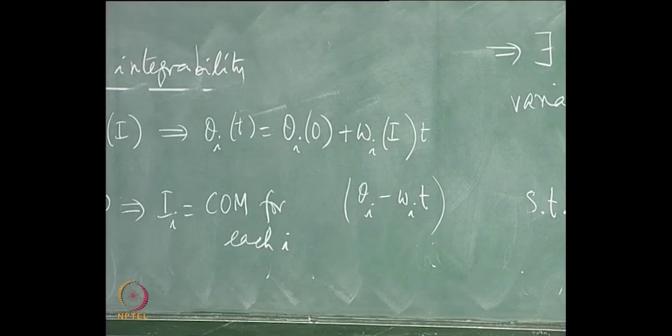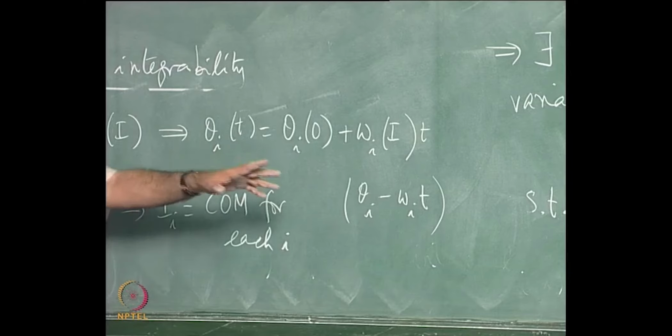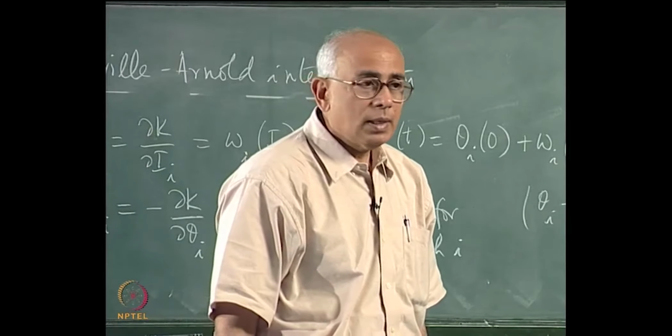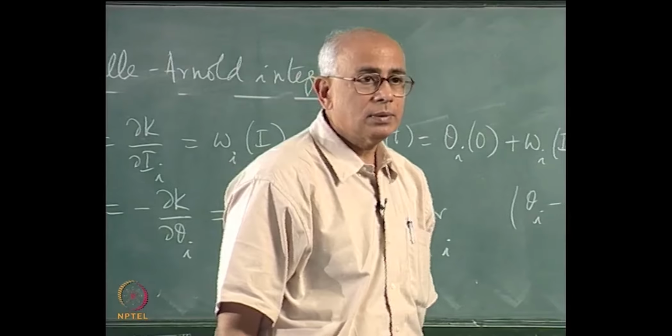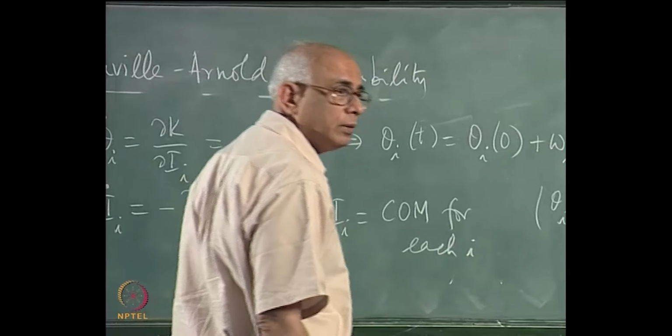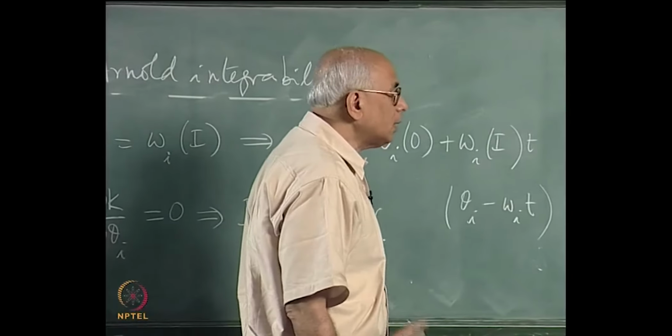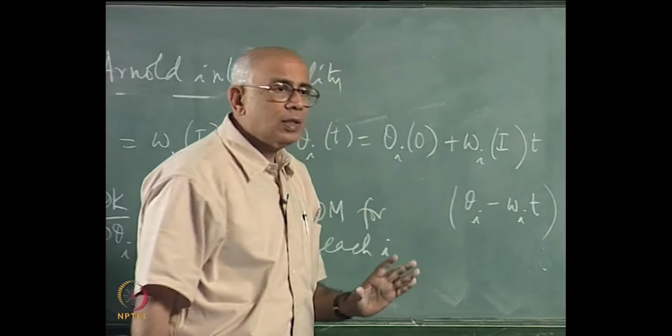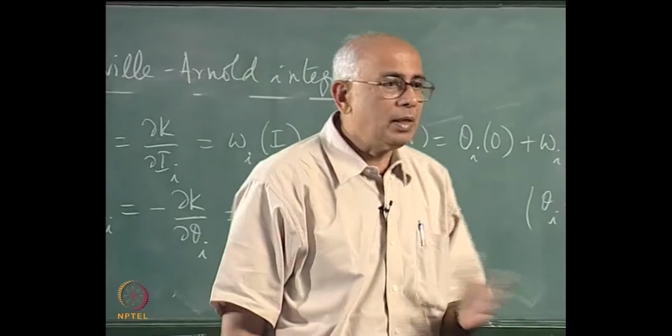which together with these first integrals, these I's, specify 2n constants of the motion, some of which are time dependent, in the 2n plus 1 dimensional extended phase space, and the motion is totally determined in terms of these constants of the motion. So it is in this sense that the Liouville-Arnold criterion tells you the system is integrable, completely integrable.